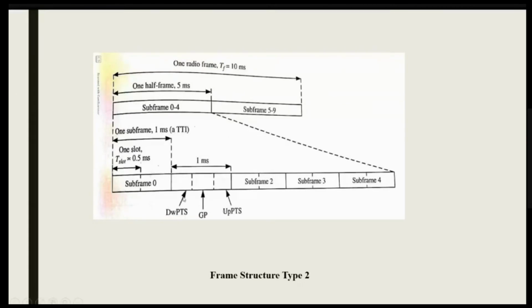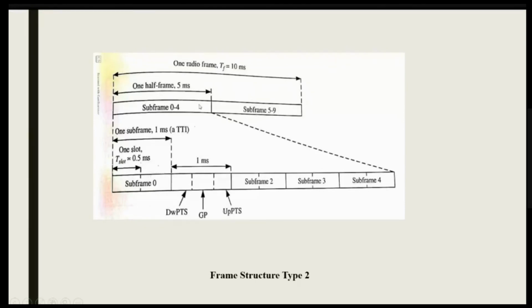Now we'll move on to the frame structure type 2. In this, we can make out the total frame time is 10 milliseconds and the complete frame is divided into 2 half frames with a time duration of 5 milliseconds. The first half consists of slots 0 to 4 and the second half consists of slots 5 to 9.